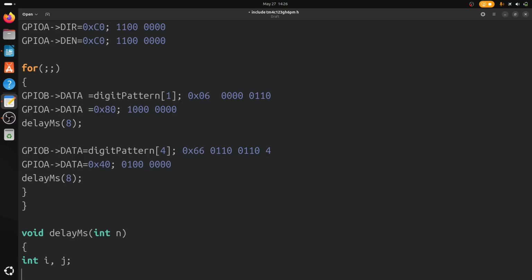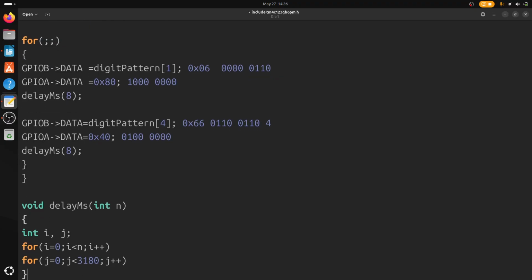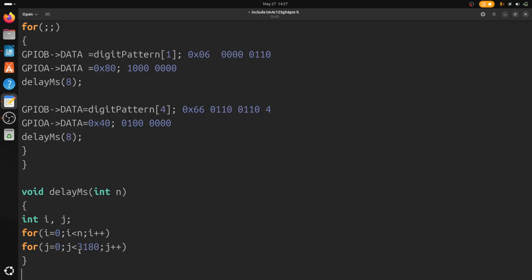I'm taking two variables. This one is the outer for loop, and this one is the inner for loop. This function as a whole will wait for 1 millisecond, and because of that the number 3180 is used, so that the whole function gives 1 millisecond.